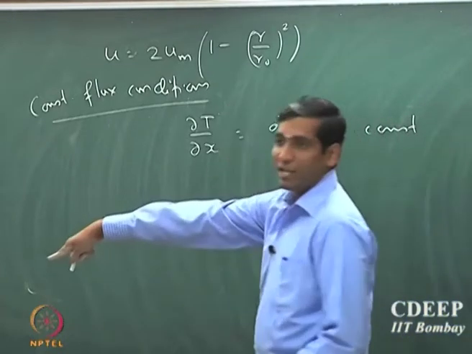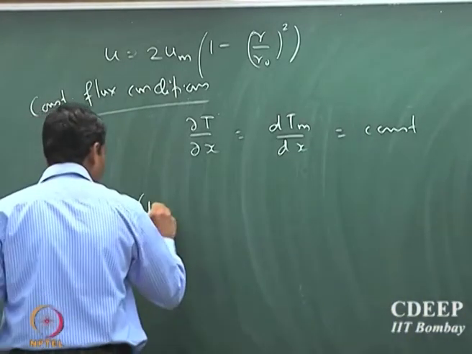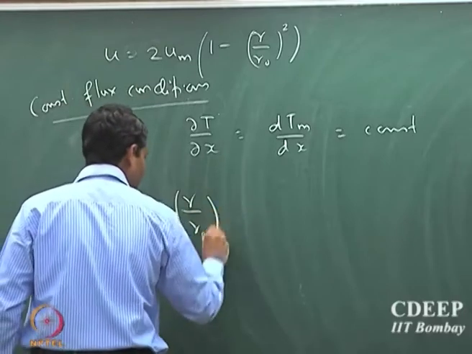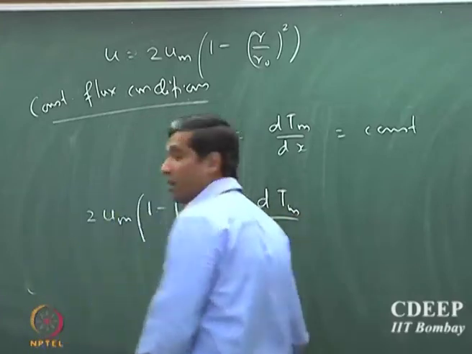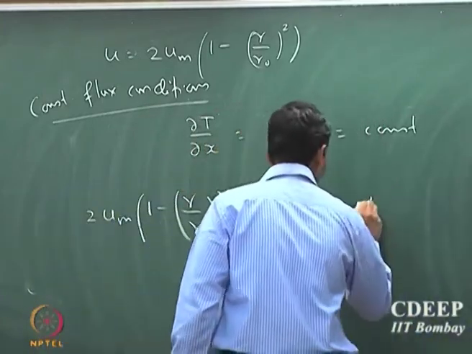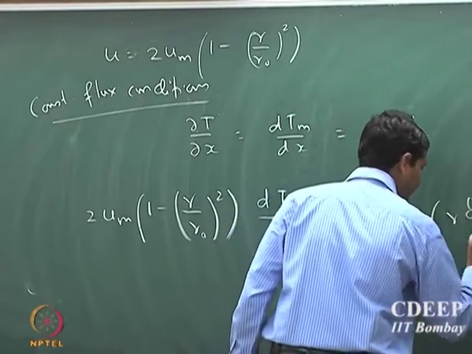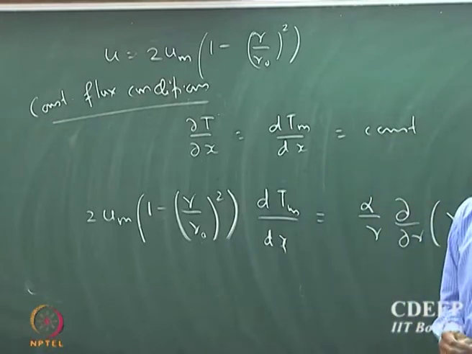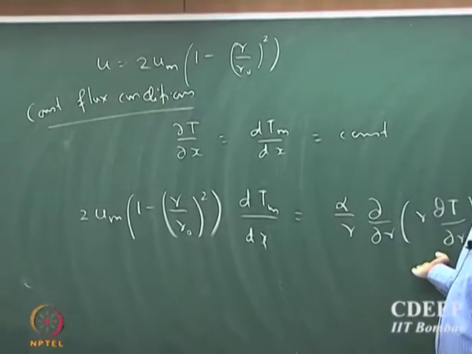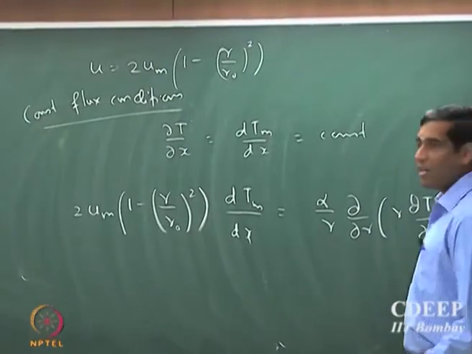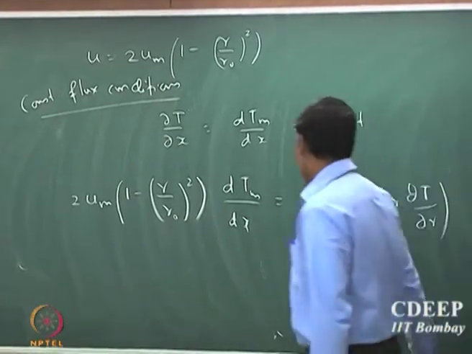Now if we impose that condition, we can rewrite this equation as 2 um times 1 minus (r by r naught) square into dTm/dx, which is a constant, equal to alpha by r d by dr of r dT/dr. Simply by using the properties, it has become a solvable equation. It is now only an equation in the r direction, so we can easily solve it.